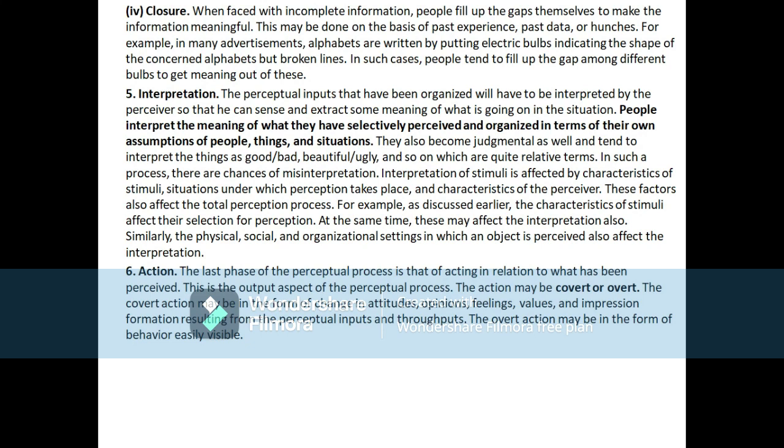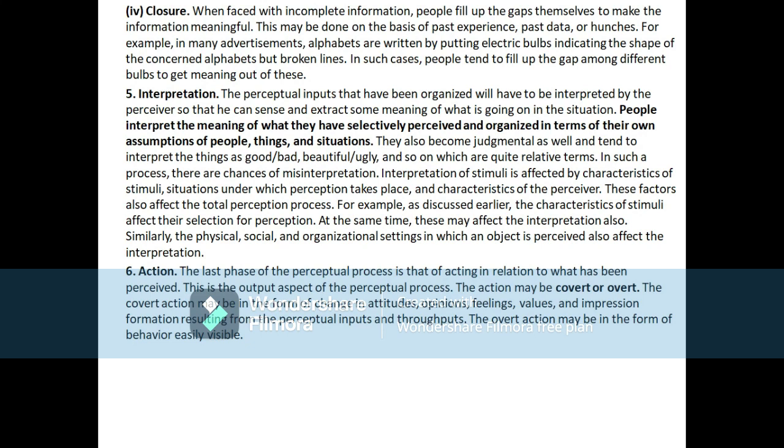Here also interpretation will be done by that person according to his assumptions, according to the data that he has selected from the environment and organized. Then finally he will interpret. A judgment will be taken by him on how to behave according to that situation, or how to behave to that person, or to that object. So interpretation will be taken.